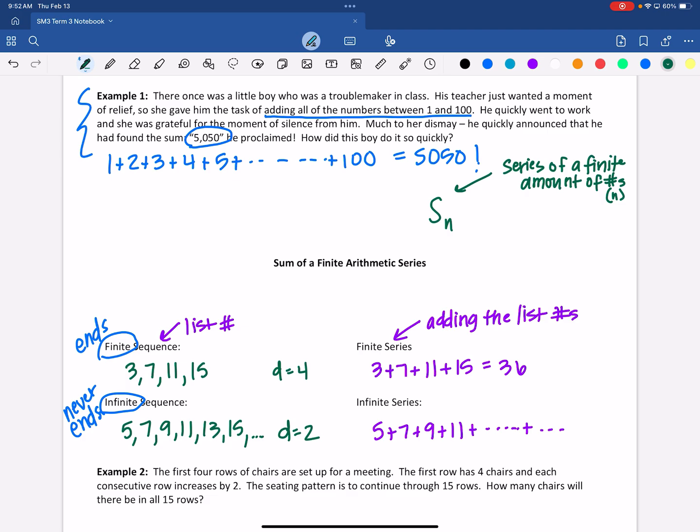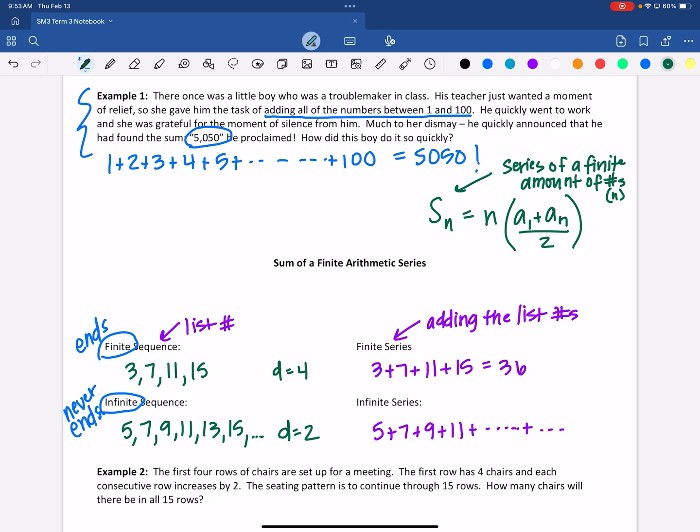So if there were 10 numbers, the n would be 10. It actually is going to look like this: the first plus the last, divided by 2, times n. That is how you can add up all of these numbers.